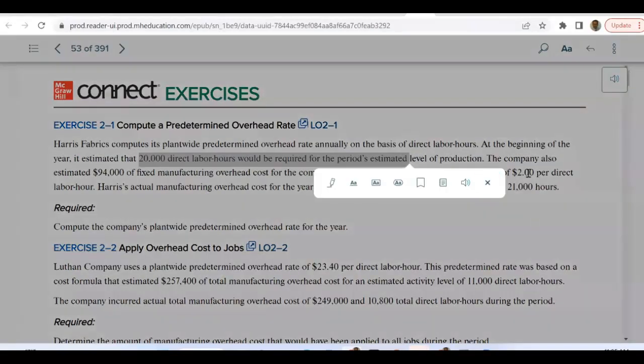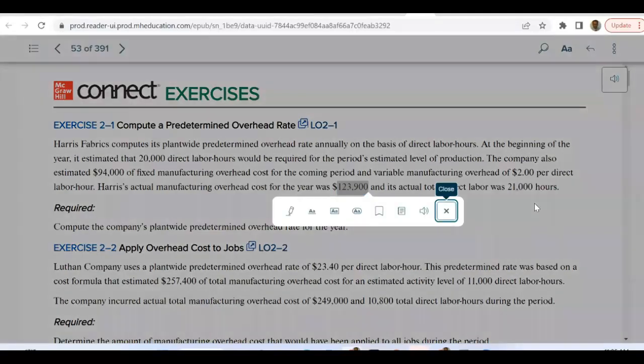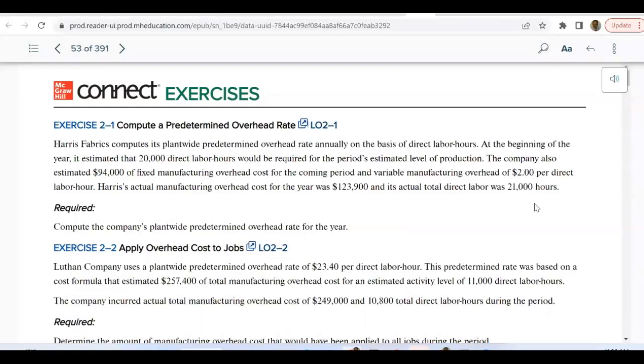The company also estimated $94,000 of fixed manufacturing overhead costs for the coming period and variable manufacturing overhead of $2 per direct labor hour. Harris' actual manufacturing overhead cost for the year was $123,900. That's after the fact, 12 months later. And its actual total direct labor was 21,000 hours.